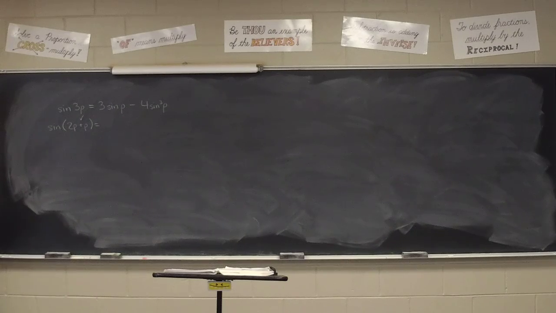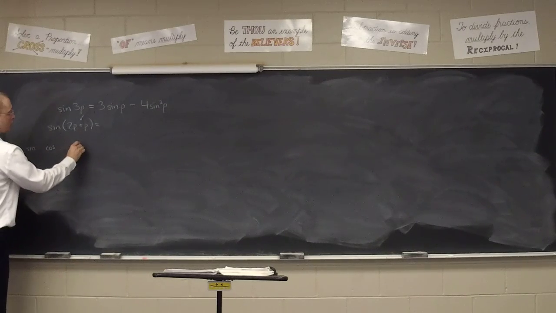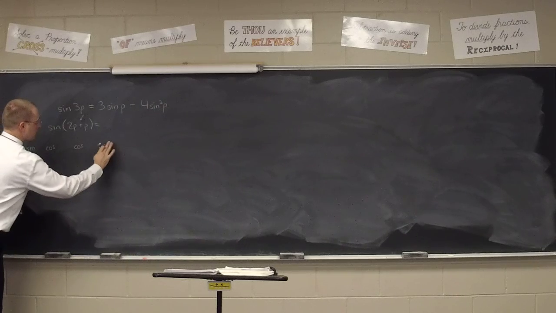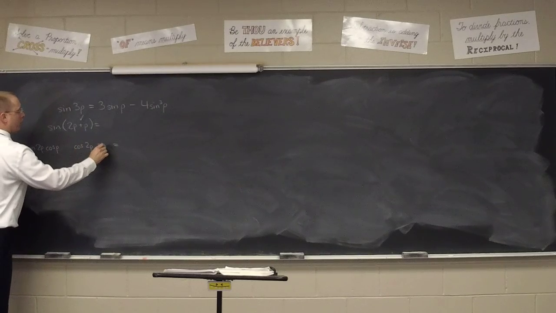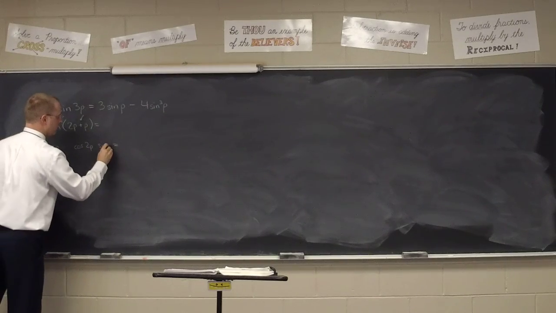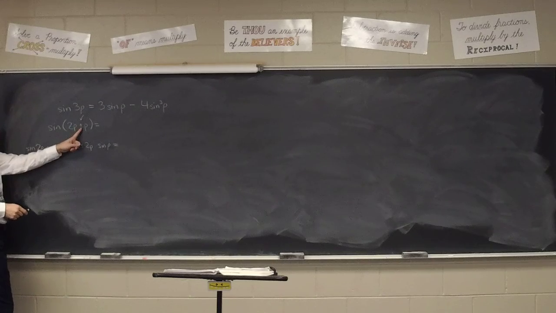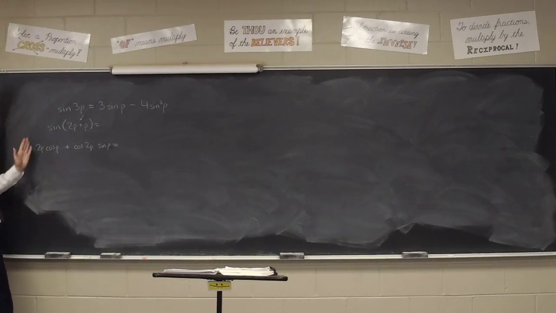Sine, cosine, cosine, sine. So we write down sine, cosine, cosine, sine. And then we drop in the 2 rho, rho, 2 rho, rho. And we keep whatever sign was here, because there was no indication to change it: sine, cosine, cosine, sine. Follow so far?